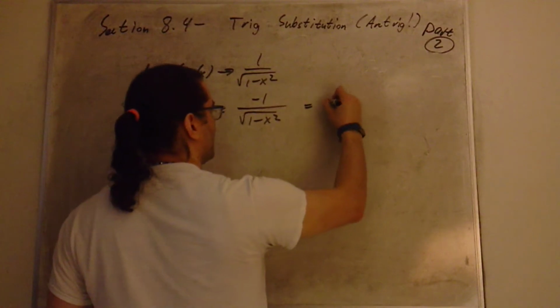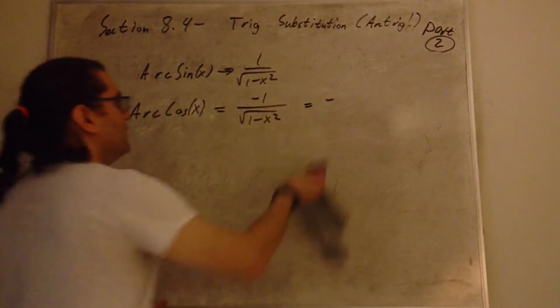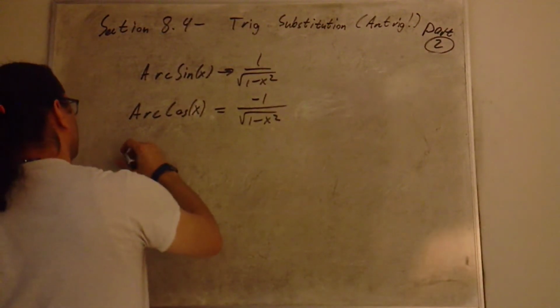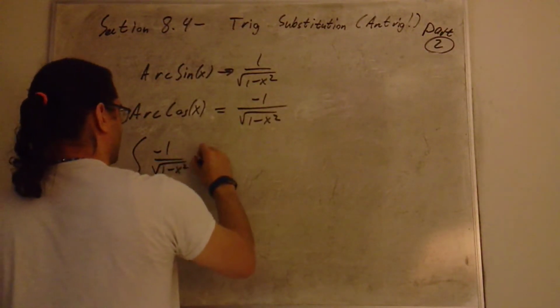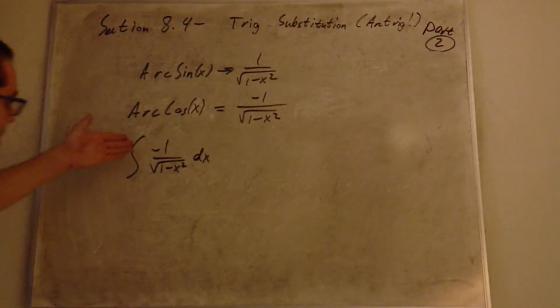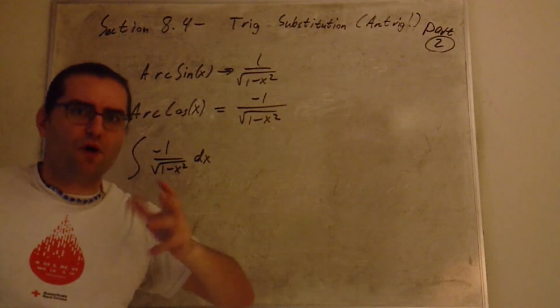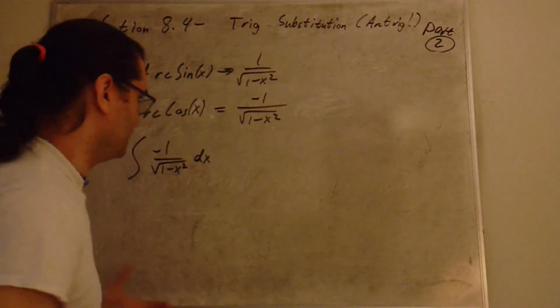Let me actually write the integral. If you see an integral of negative 1 over the square root of 1 minus x squared dx, it's tempting to be like, oh, I recognize that. That's the arc cosine. That's actually not what mathematical convention has us do.